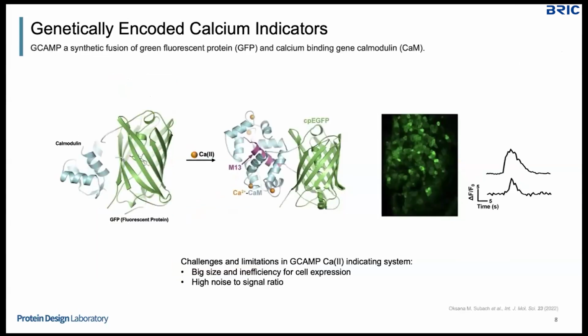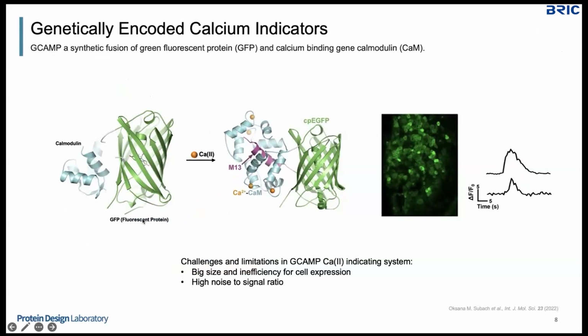To start something new, we need to begin with the most common thing used as a calcium indicator. There is a protein called GCaMP. It's a synthetic fusion between GFP, a fluorescent protein, and calmodulin, which is a calcium binding protein.